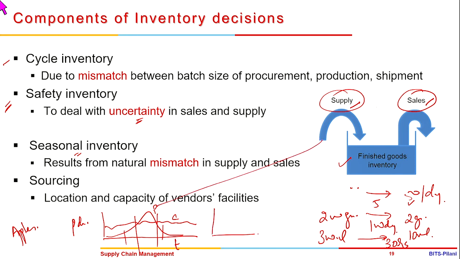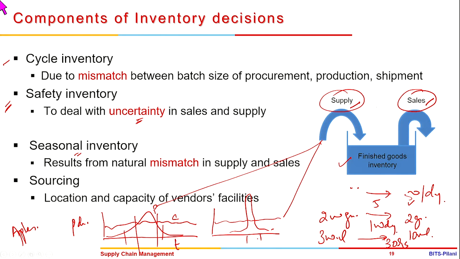We can also have seasonality on the sales side. If you look at sweaters, air conditioners, water coolers, umbrellas, production happens something like this, which is supply, and consumption happens something like this in a very short period.